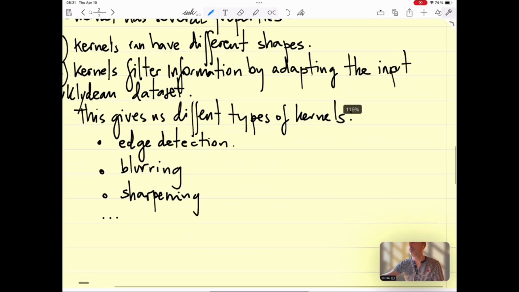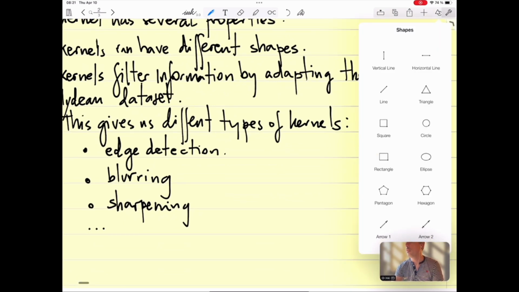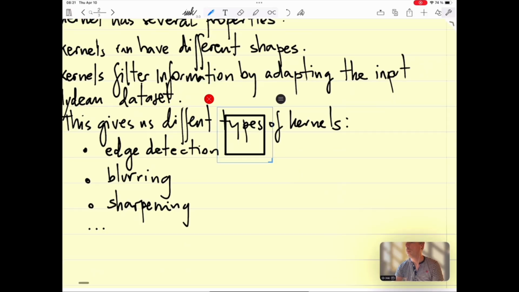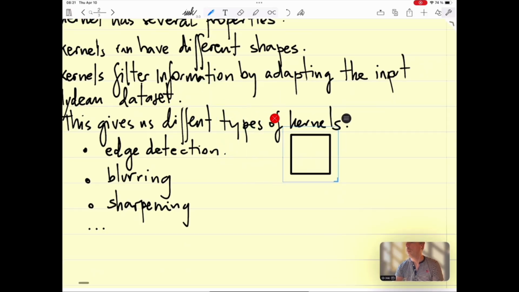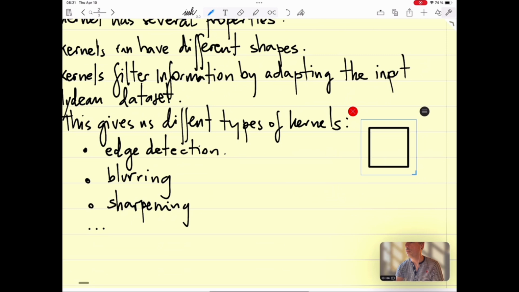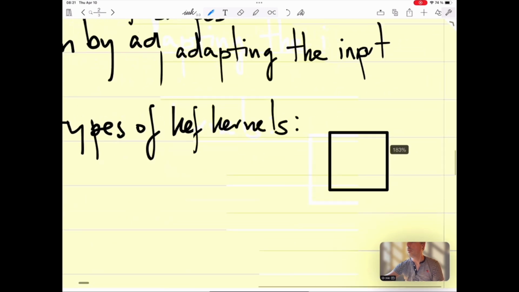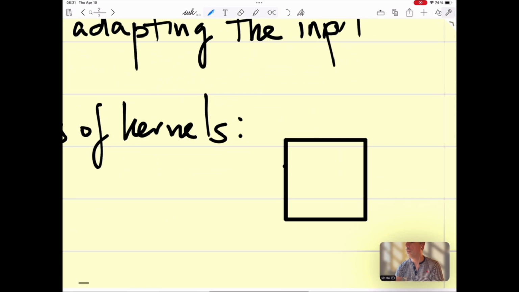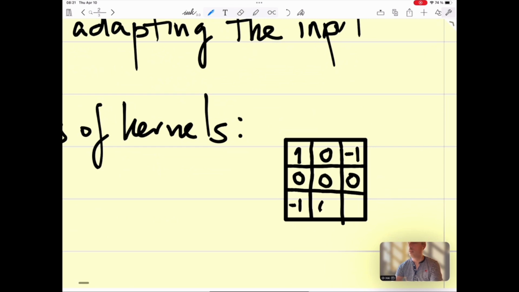For instance, for edge detection, we can use this three by three kernel that has these values: 1, 0, -1, 0, 0, 0, -1, 0, and 1.